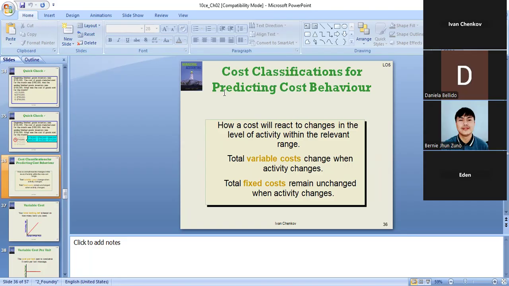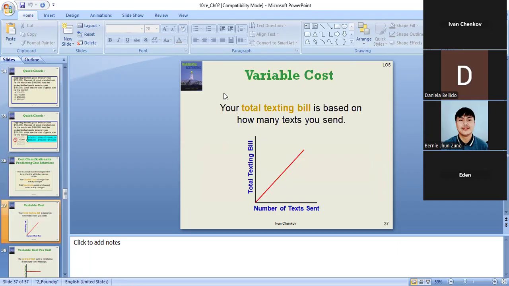What's the fixed cost? And how those behave. Variable cost, first the total variable cost, you can see it as a cost that we're paying on everyday usage. If we don't use it, if you don't buy anything, we don't have to pay. But once we start buying it, that cost is going to grow.